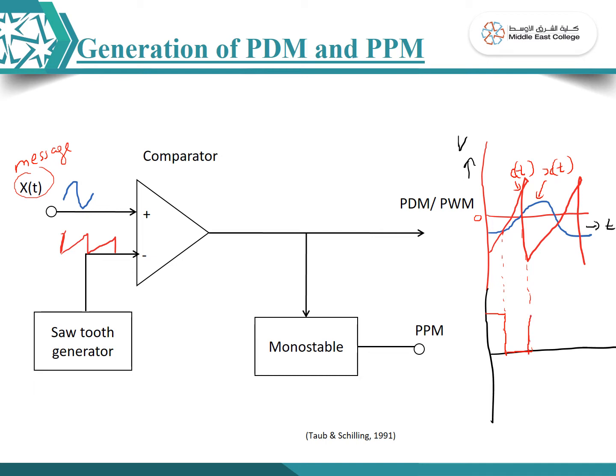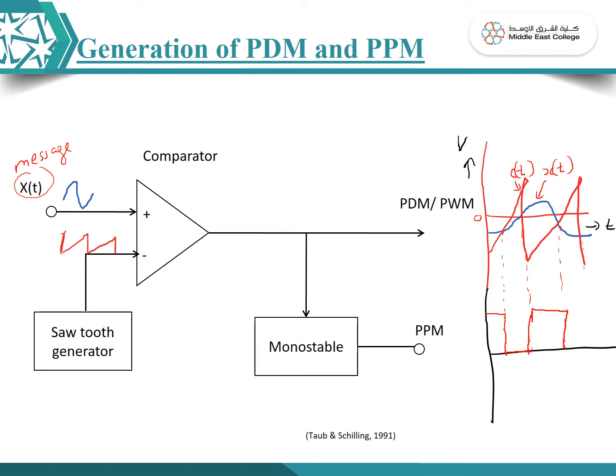Fine, the negative voltage is 0. Now look here, the third part. From here till here, check: the blue color is higher than the red. That means the message signal x(t) is higher than the carrier signal. So the output will go to plus.